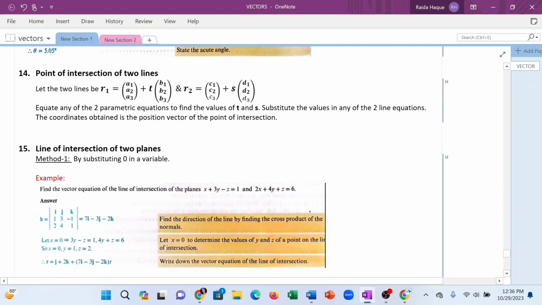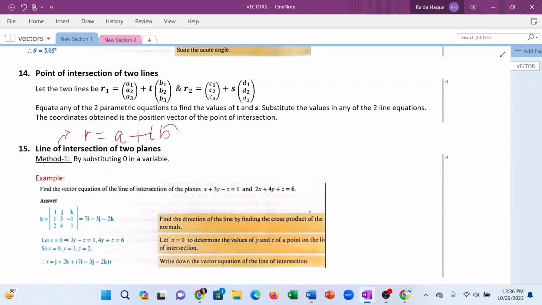So for the intersection of the two planes, obviously for a line, what is a line? We know that we define a line with r is equal to a plus tb, where a is a point on the line, t is just a constant, and b is the direction vector of the line.